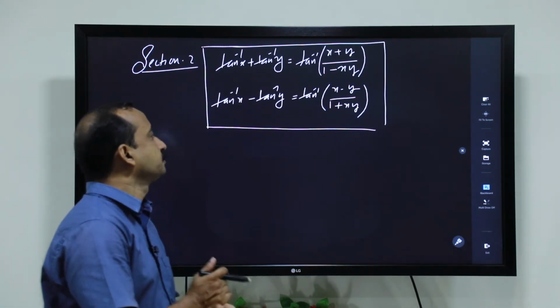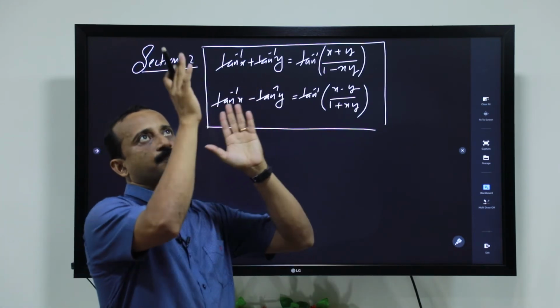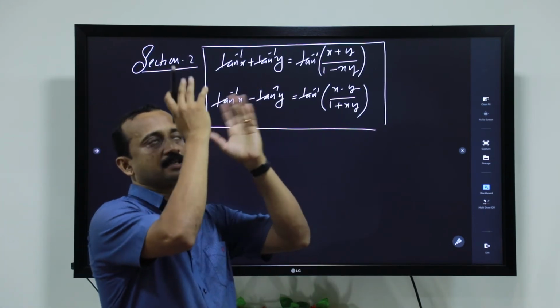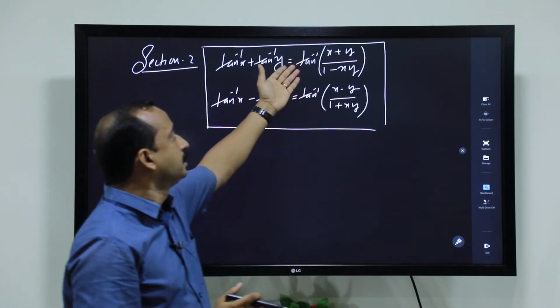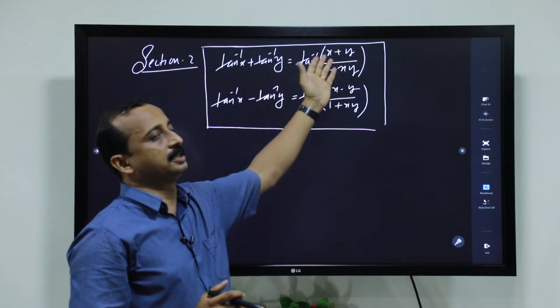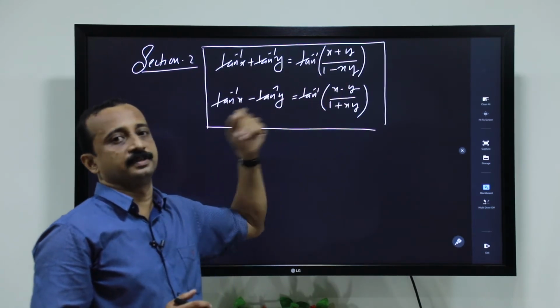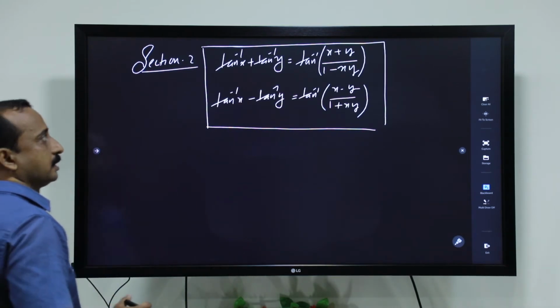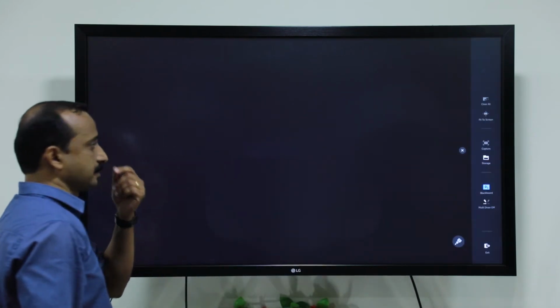It comes from the tan of a plus b form, tan a plus tan b divided by 1 minus tan a tan b, where tan a and tan b correspond to x and y. Easily we remember that formula. Using this formula we find derivatives of some functions.